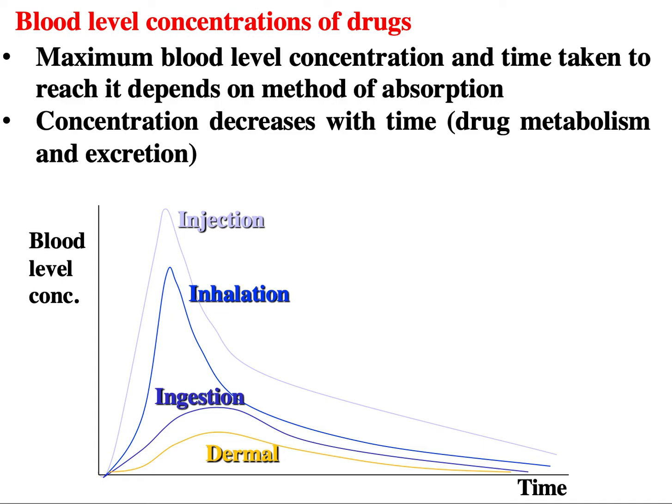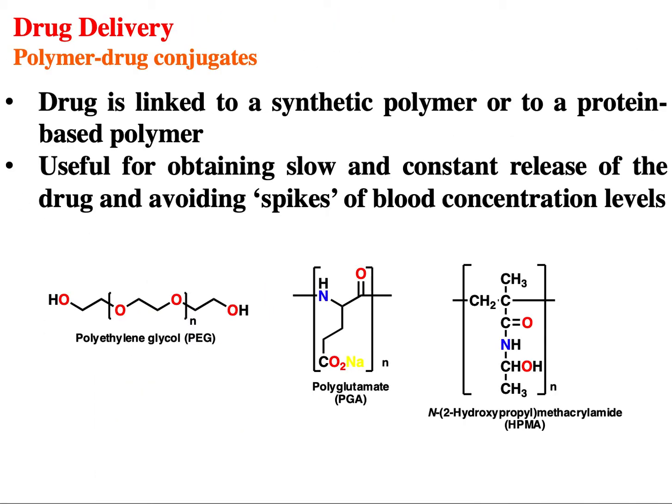Okay, so blood level concentration of drugs. So basically you get a sense that with ingestion versus inhalation or injection, you're going to get a lot higher concentration. They all have kind of a similar tailing over time. So there are some ways to help with drug delivery.